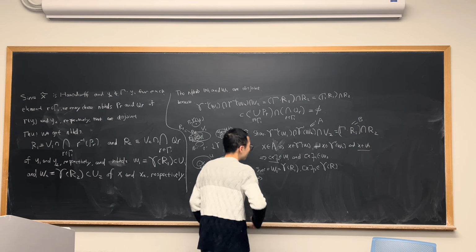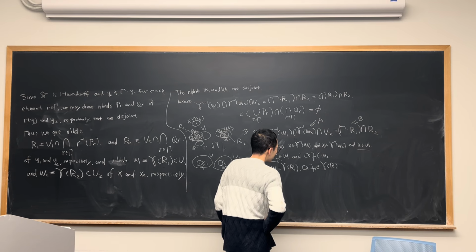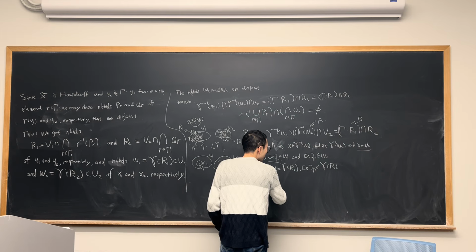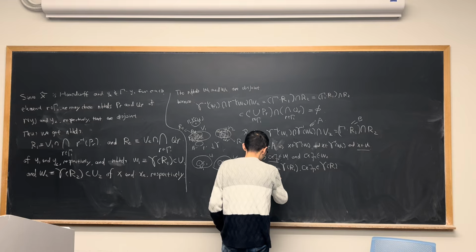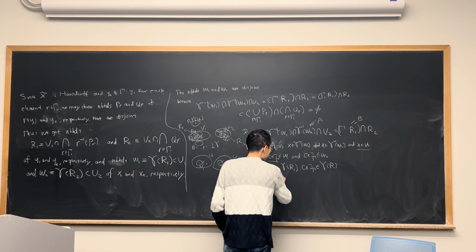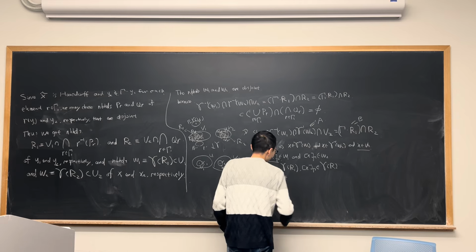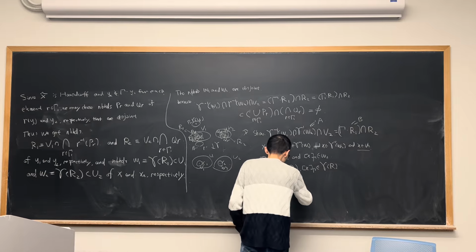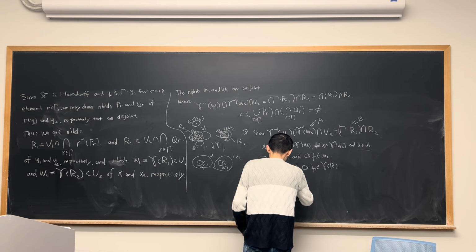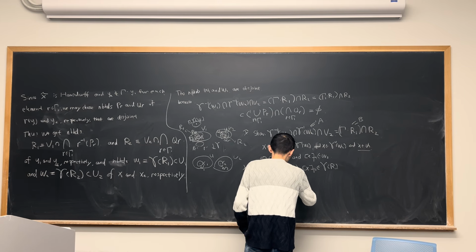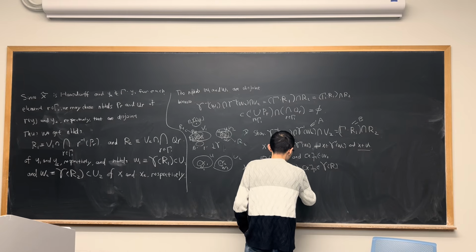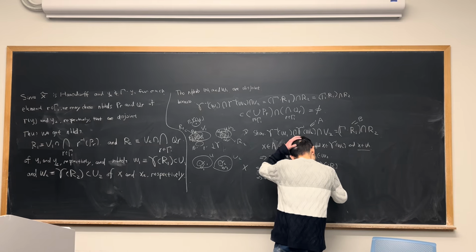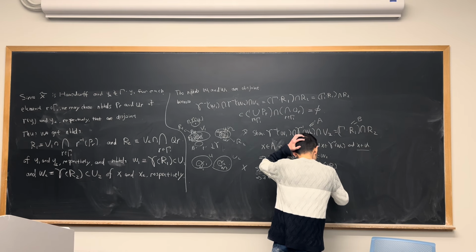So what is gamma of R1? Let's say x prime is in R1 such that, and let's use R in this gamma such that x is equal to the power of x prime.